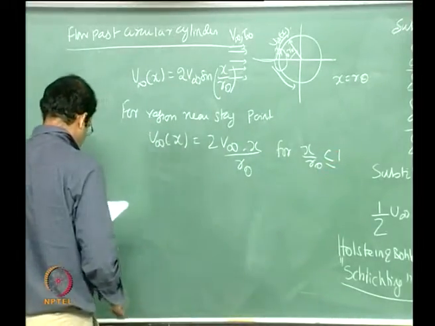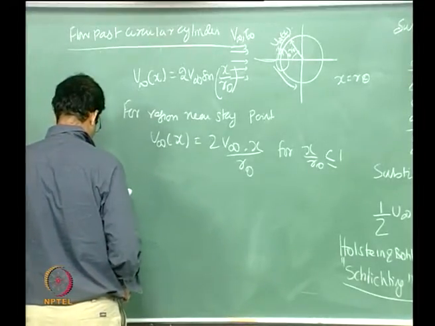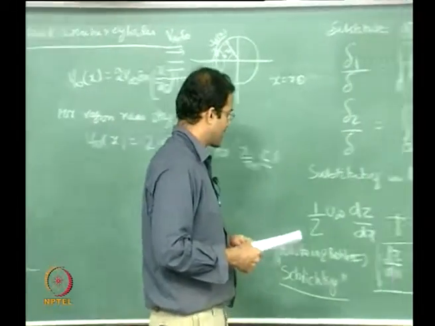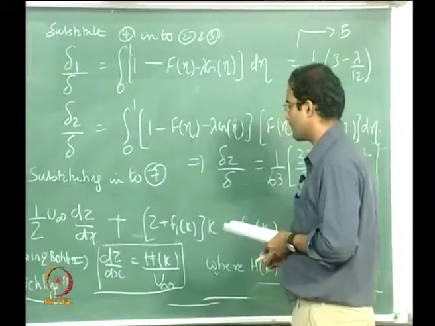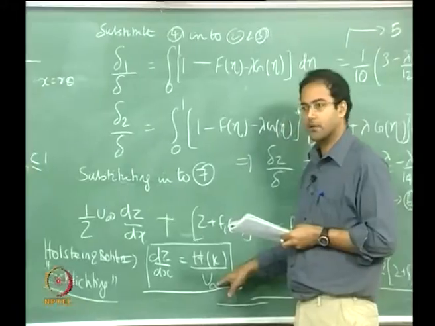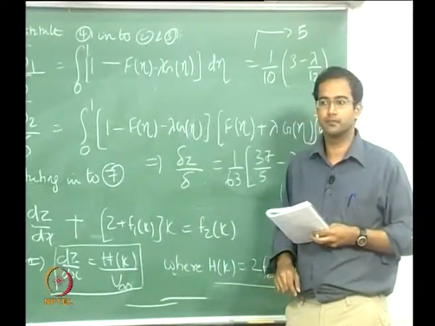Now the velocity distribution we have already determined, and we have also determined the final expression for dz by dx. Now if you quickly observe, u infinity here is a function of x, and at the stagnation point u infinity is 0.